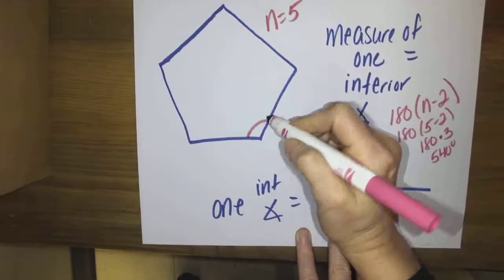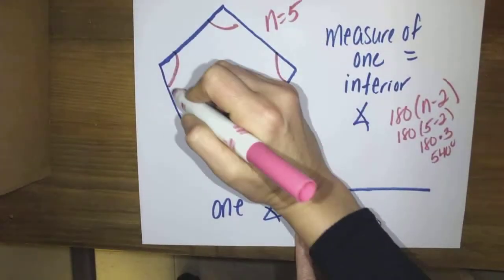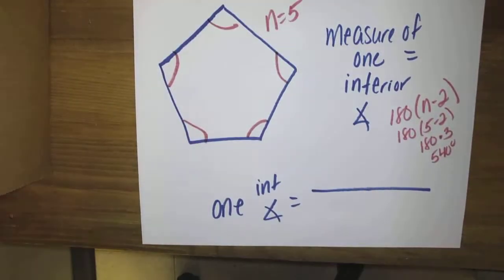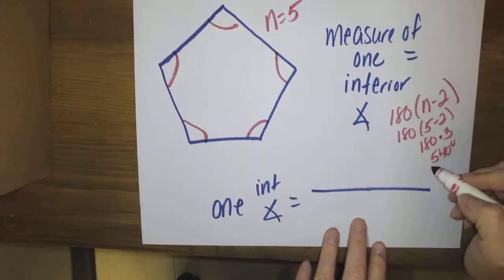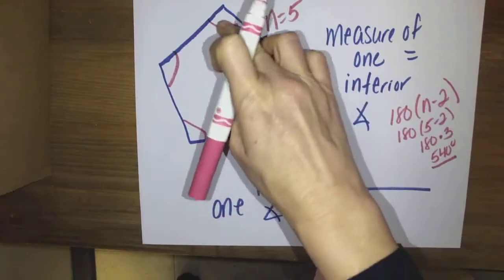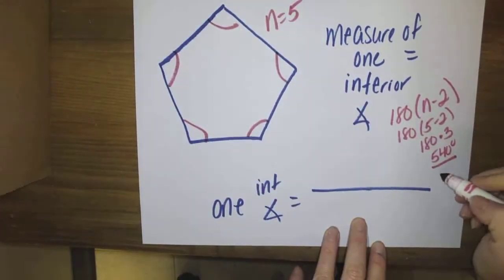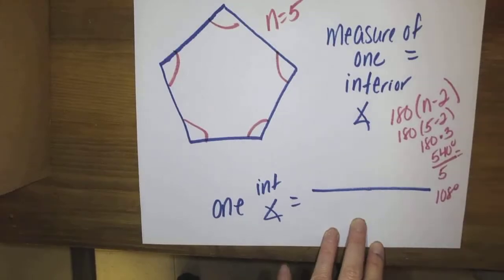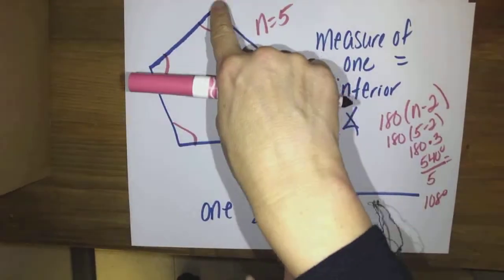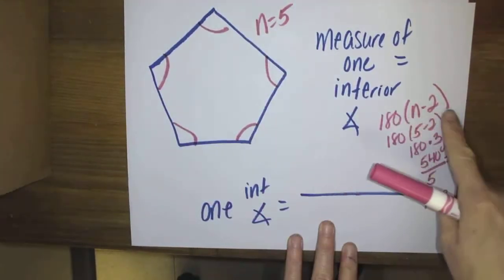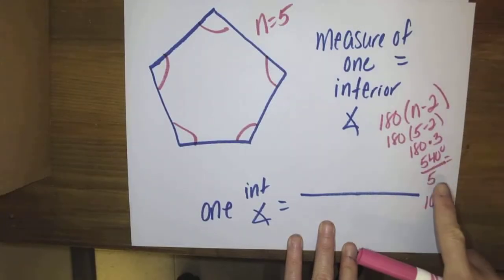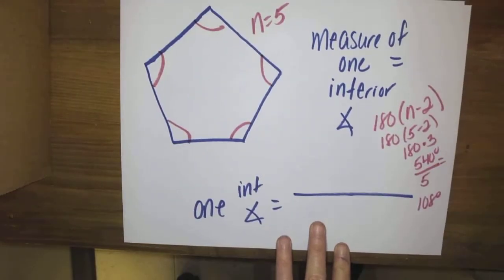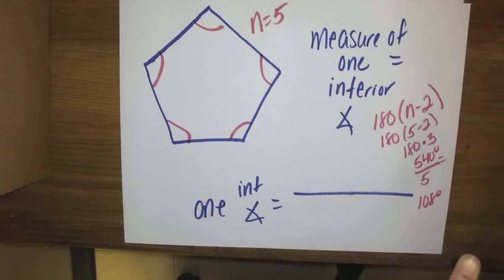So all 5 of these angles, and if it's regular, they're all the same, add to 540. So I simply divide it by 5, because there's 5 of them, to find out that each angle is 108 degrees. Feel free to divide it into its triangles or use this formula to get the sum, but don't forget to divide it by its number of angles to find what each one is.